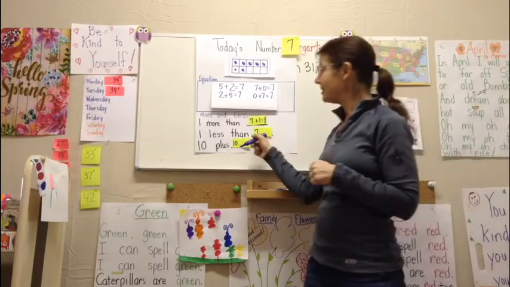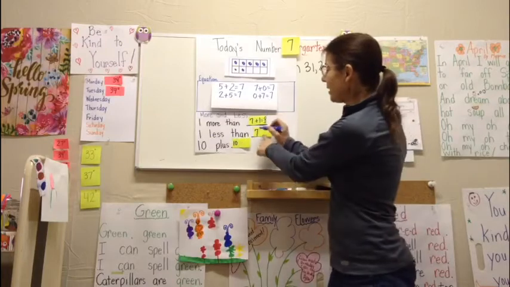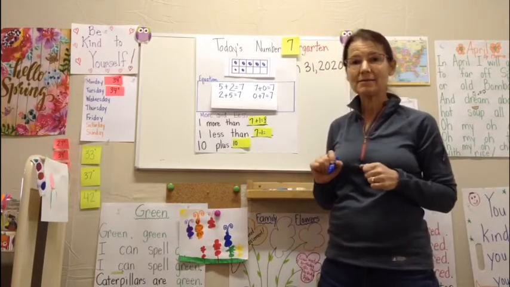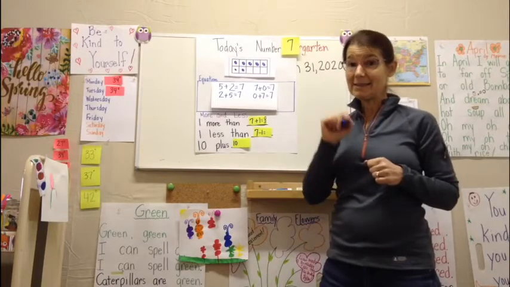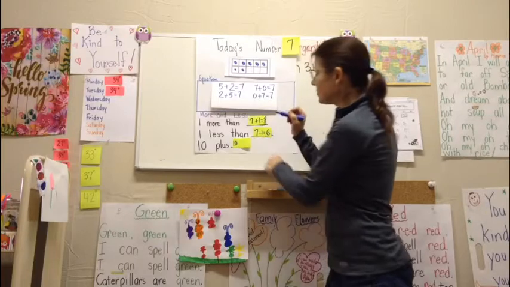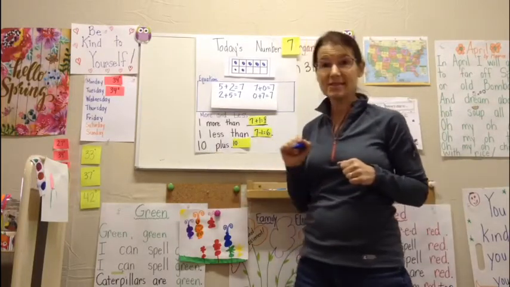What about the number that's less than 7? 1 less than 7. I have 7, and I take away 1 to show 1 less. 1 less than 7, what comes right before in our counting? The number 6.